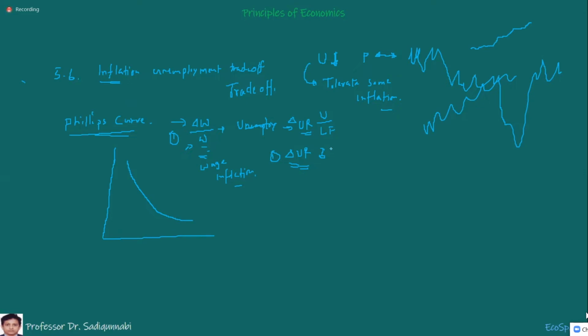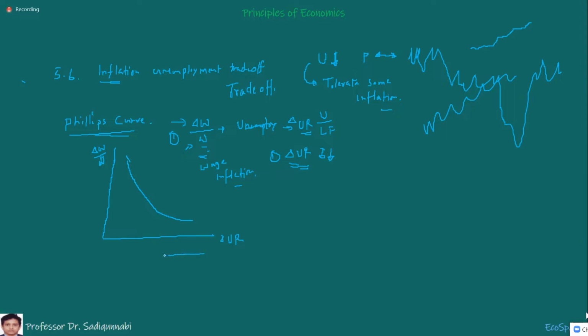So if you are going to reduce unemployment, because there is a negative relationship, it is the change in W divided by W against the change in unemployment rate.